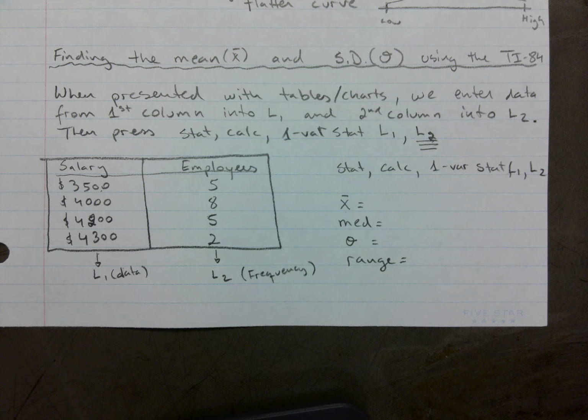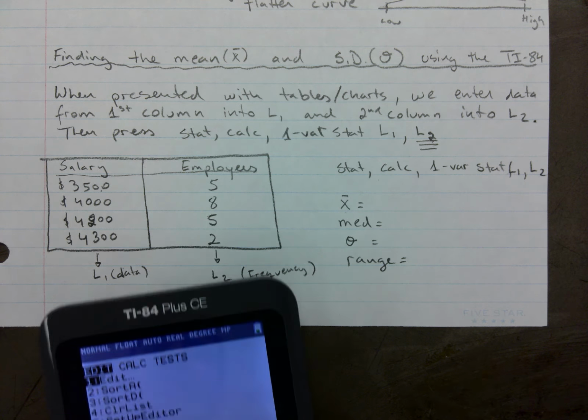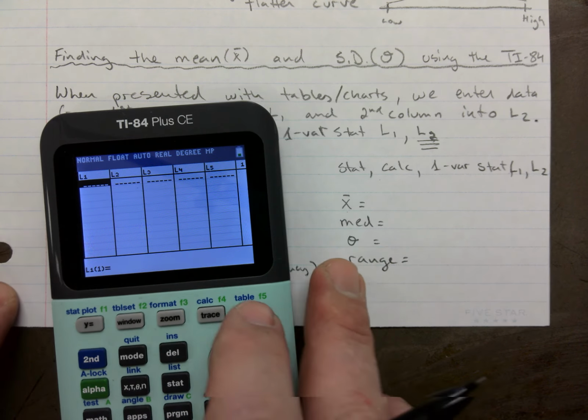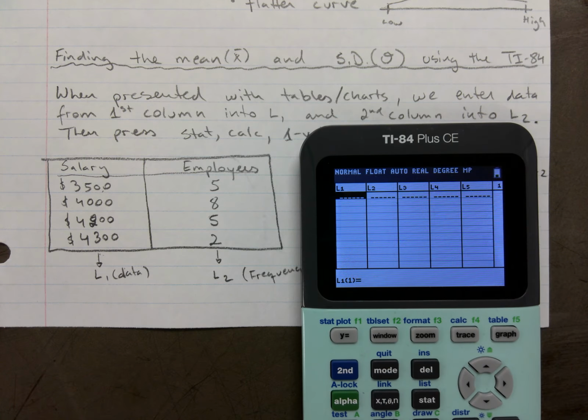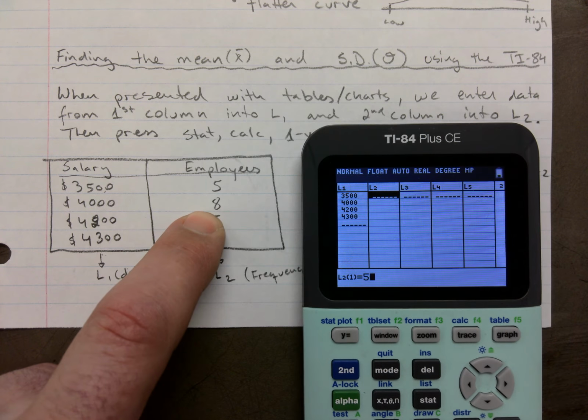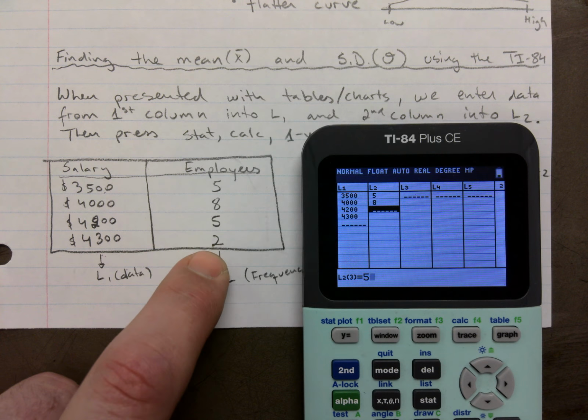I know that some of you are copying the chart perhaps. I'm going to clear whatever I have in there, and I'm going to enter that 3,500, 4,000, 4,200, 4,300. Okay, so you enter those. You go 5, 8, 5, 2.